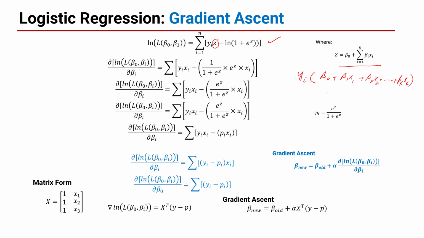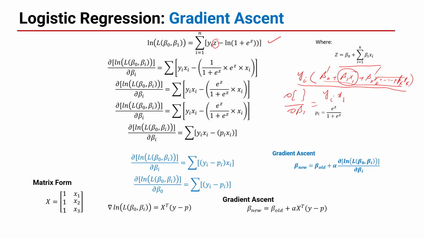Now regarding this expression, if I take the derivative with respect to beta 1, what I get is yi, and then out of this term, all of these terms are going to be 0, because I am taking the derivative with respect to beta 1, so I will get x1.